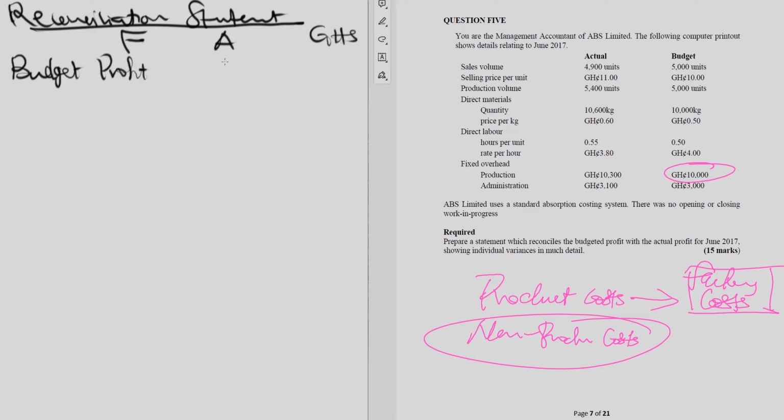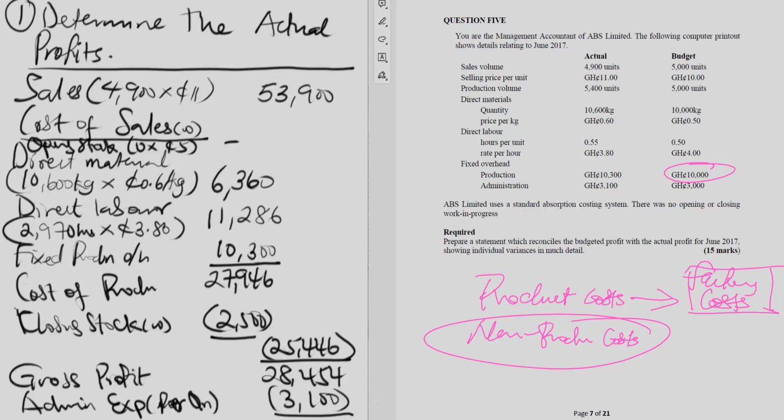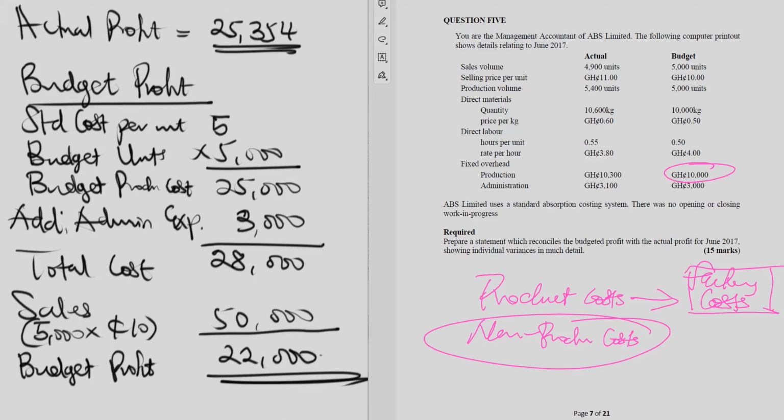So I take my budgeted profit, which is 22,000, not so, and then I must add all favorable variances and less all adverse variances to arrive at my actual profit. And my actual profit that I had in the question per the calculation that we did was 25,354.